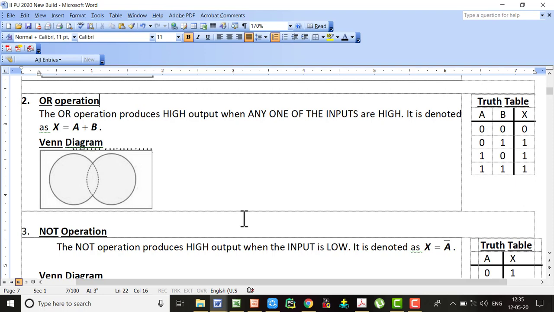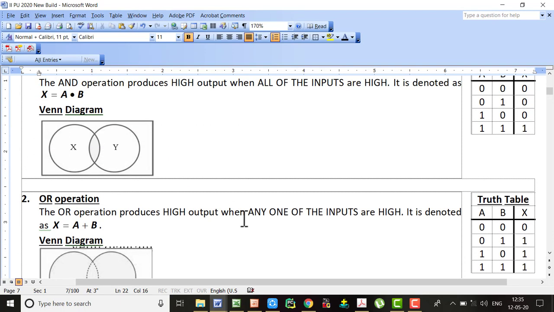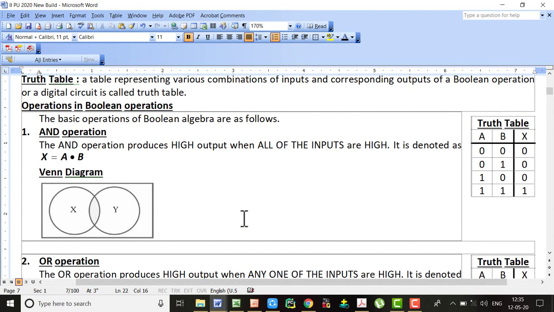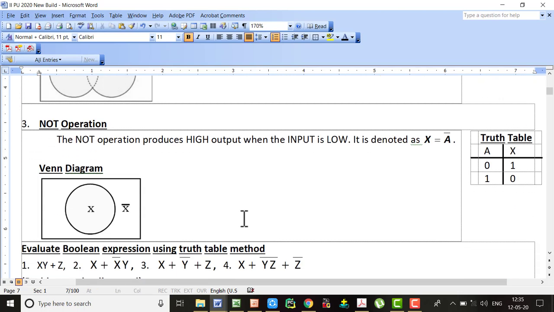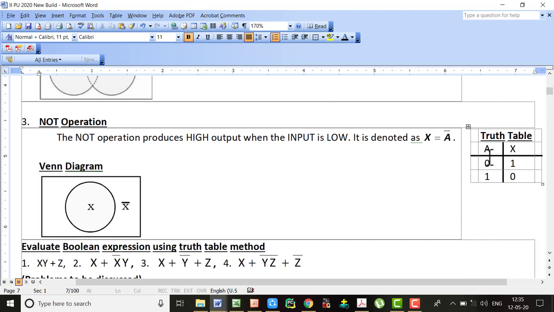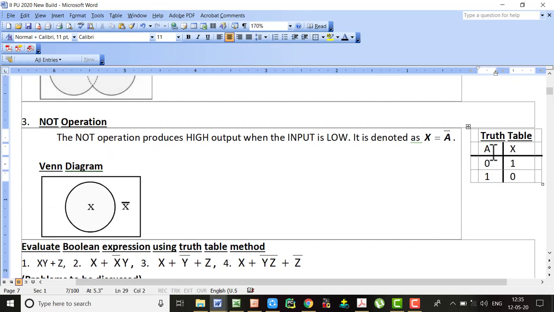I repeat, with AND operation or OR operation, there can be many possible combinations of inputs, but minimum number of inputs must be 2. Whereas with NOT operation is concerned, only one possible input can be there. You cannot have more than one input.